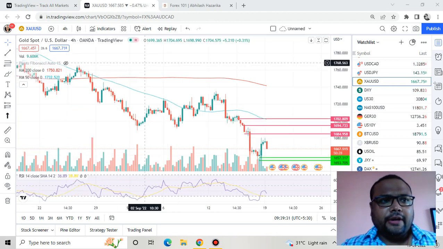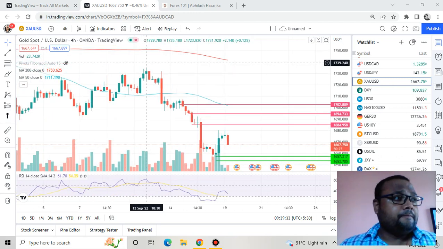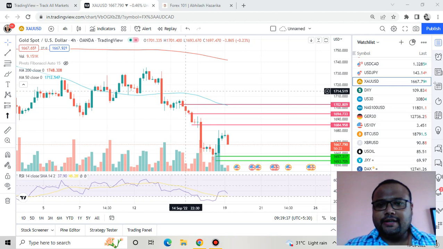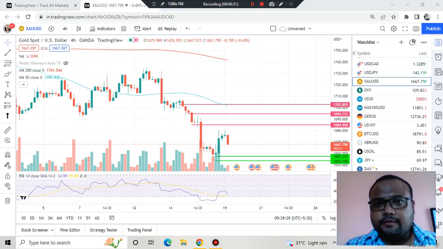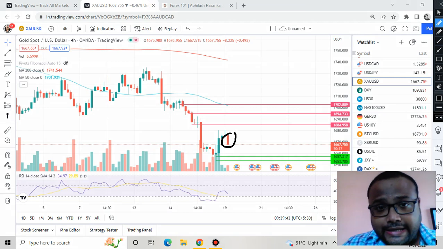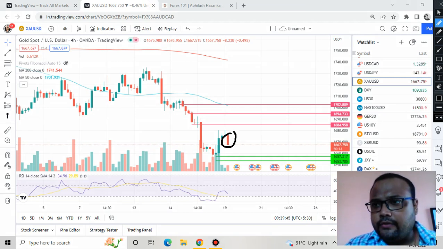Now day traders, let's have a look at the levels for the day. First of all, as you can see, right now the market has formed a red candle.